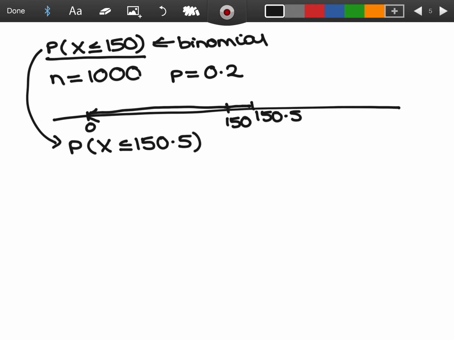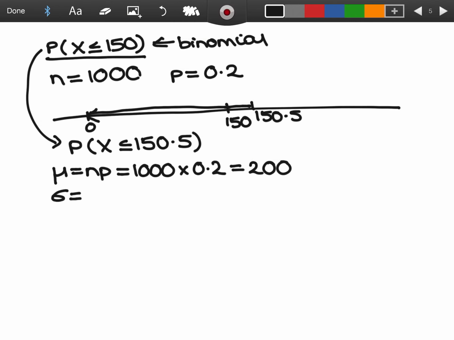Now, the next thing that I need is a mean and a standard deviation. My mean is n times p, which is 1,000 multiplied by 0.2, which is 200.